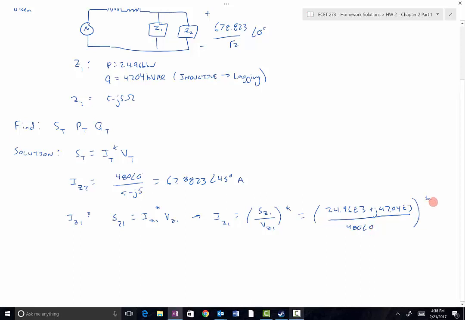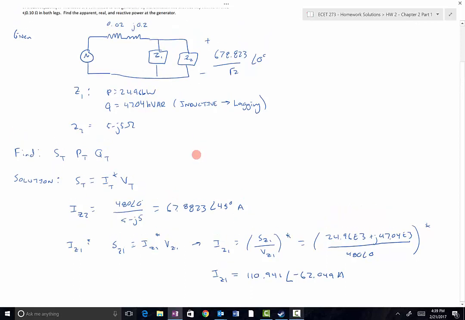Take the complex conjugate of that, and I'm going to get IZ1. And that gives me a current of 110.941 at an angle of negative 62.049 amps for IZ1 there.